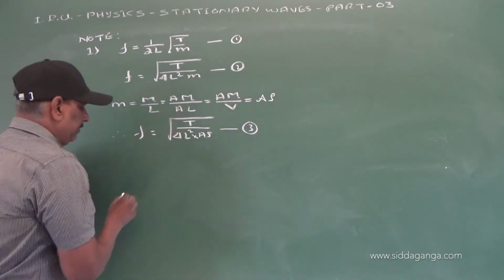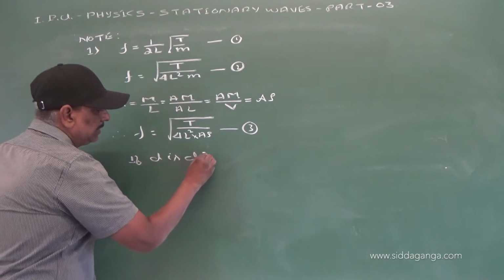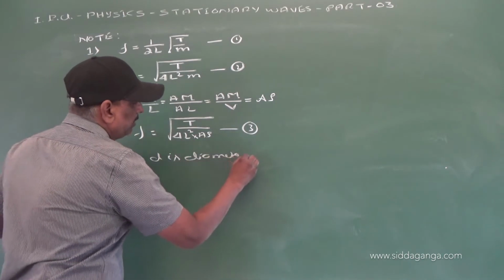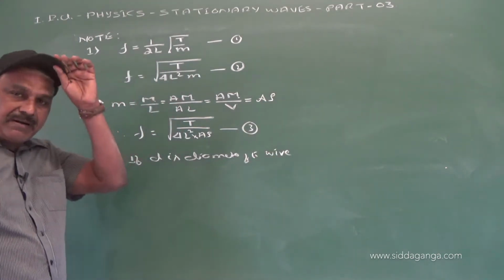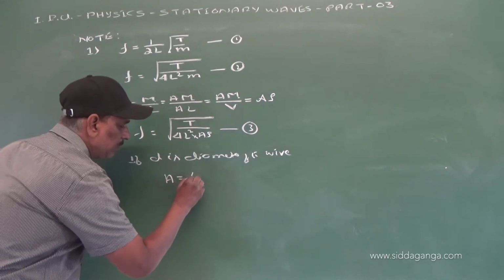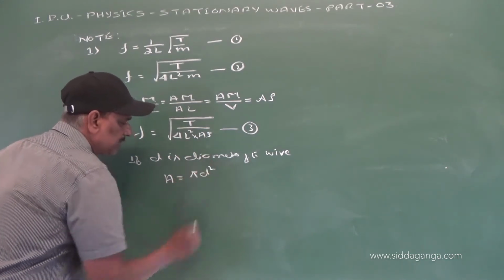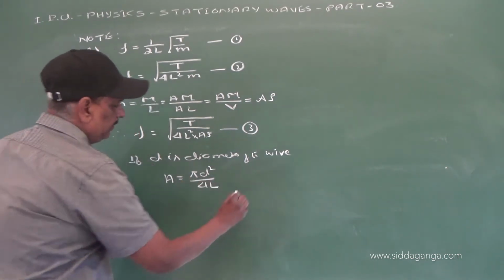Now, if D is the diameter of the wire, then area A is equal to pi D square by 4.